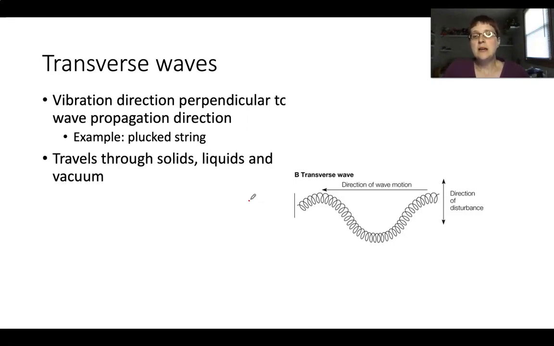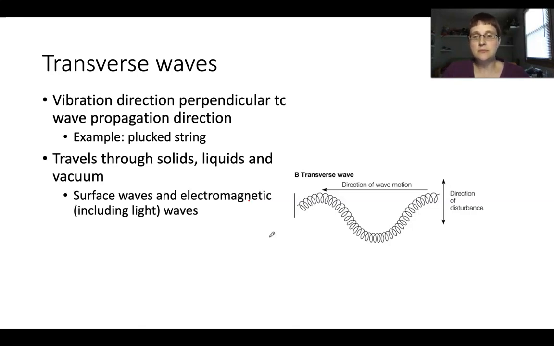Transverse waves can travel through solids, liquids, and a vacuum. So they can travel through areas where there is no material, like the vacuum of space. But they can also travel through solids and liquids, but they are not able to travel through gases, just due to their nature.